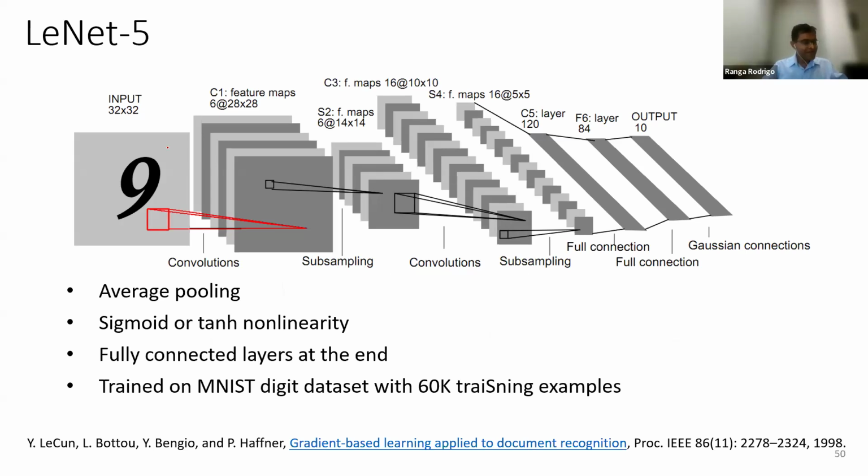So this MNIST dataset was the one that we used for that. Okay, so let's try to understand this. You can see the input is a 32 by 32 image, and after this convolution operation, the feature map size is 6 times 20 times 20.